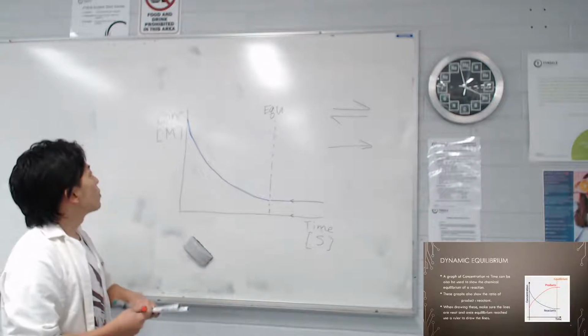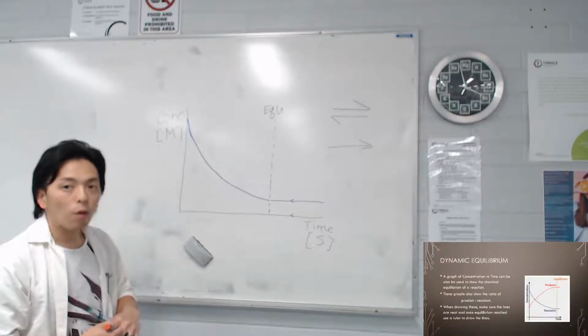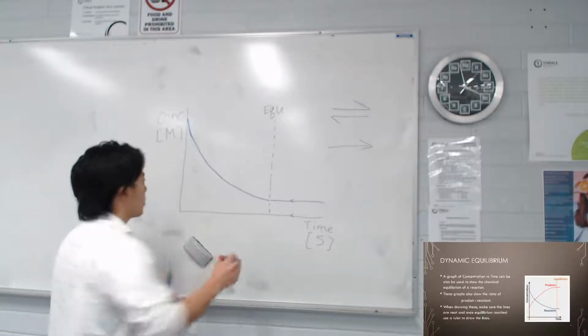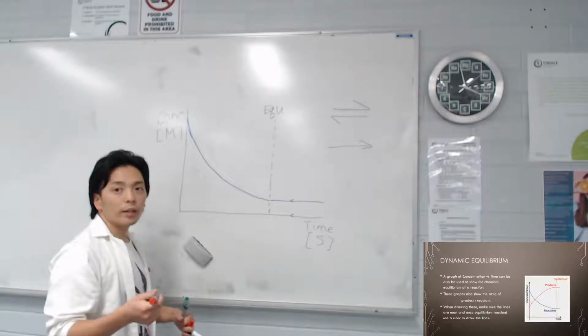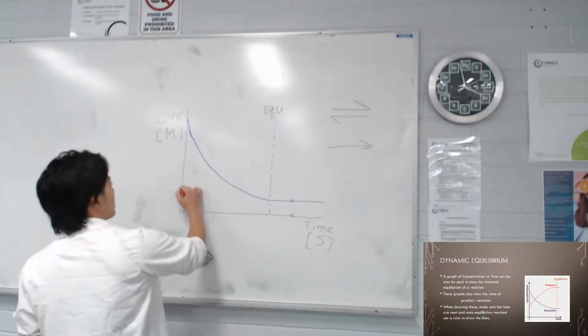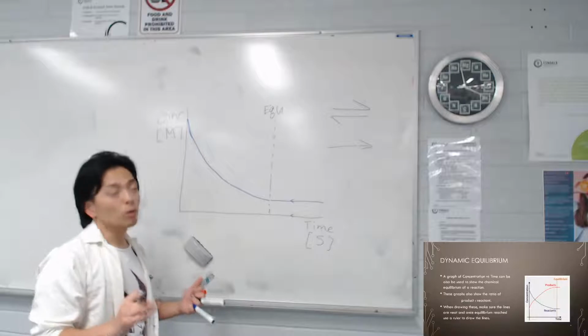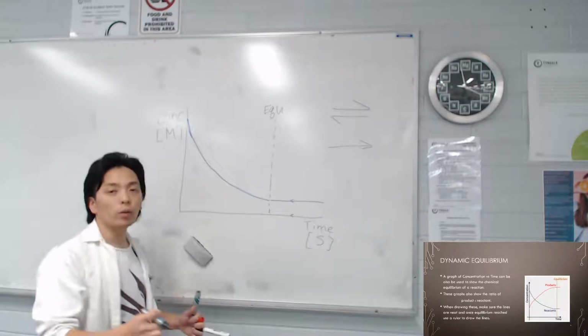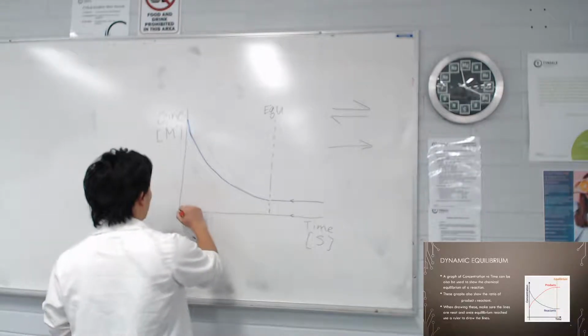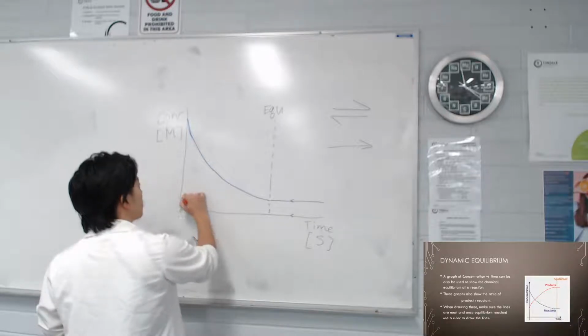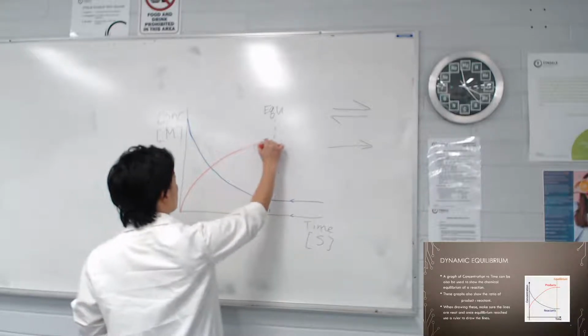If you are drawing concentration of products formed as well, sometimes you get, on the slide that you see, it starts actually midway of the y-axis, so some concentration of product already existed. In my example, I might just start with 0.